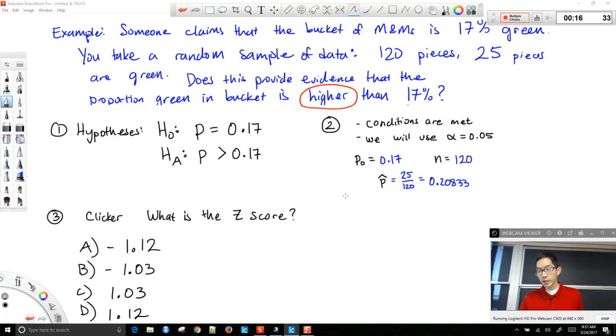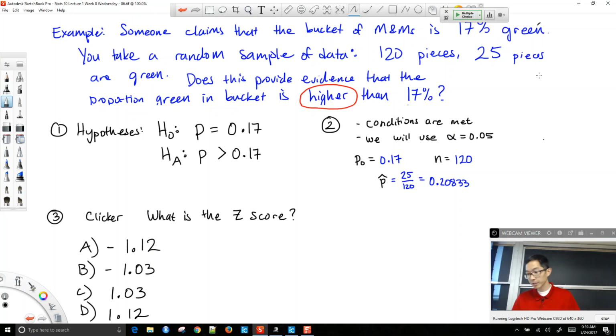Go ahead and try to find your z-scores, and then we'll check. If you want to talk to your neighbor, that's fine. We'll let this run for a minute.